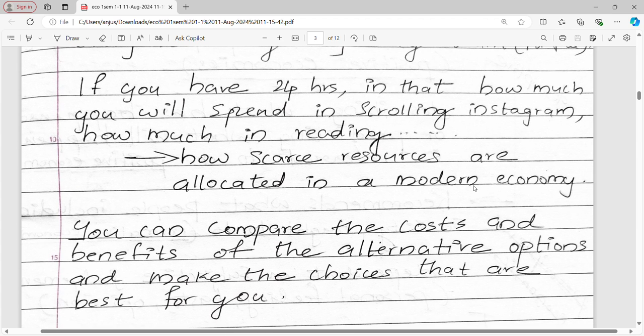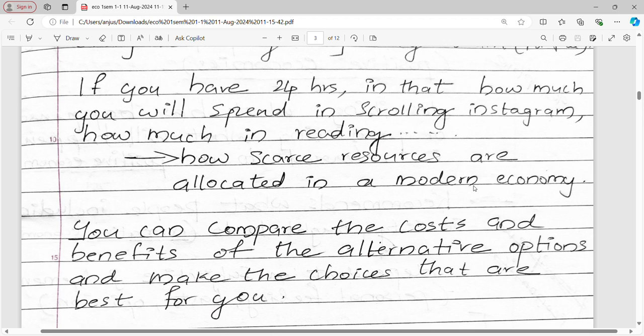Again, it's not only about commodities, it is also about time. If you have 24 hours, in that how much you will spend in scrolling Instagram, how much in reading. So how scarce resources are allocated in a modern economy, that is what this leads to. Time, it is you having only 24 hours.